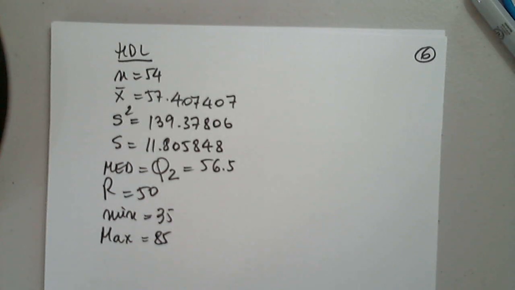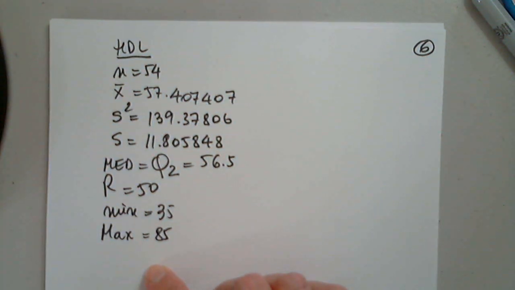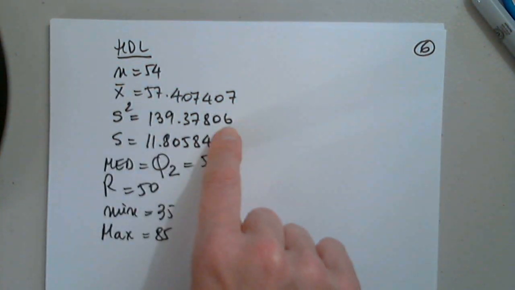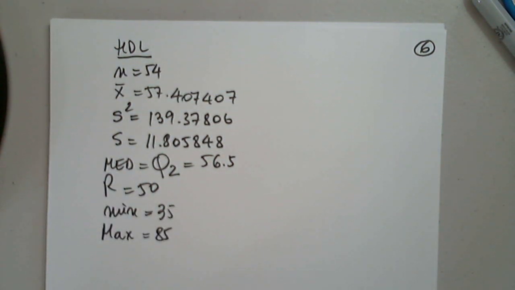Now this is my information recorded: sample size, x bar, s squared, s, median, range, min, and max. Now I want to share my screen again and look at the histogram. I want the HDL. It can be frequency or relative frequency if you want to discuss percentages, but I don't think it allows us to do both.